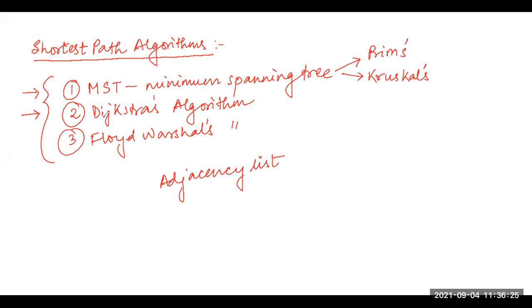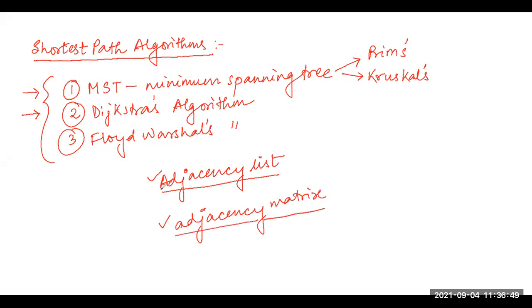These algorithms are generally executed with the adjacency list, and Floyd-Warshall's algorithm is generally executed in the context of adjacency matrix. The type of logic in the first forces it to be done by adjacency list, and the logic in Warshall's algorithm forces it to be run with the adjacency matrix representation.